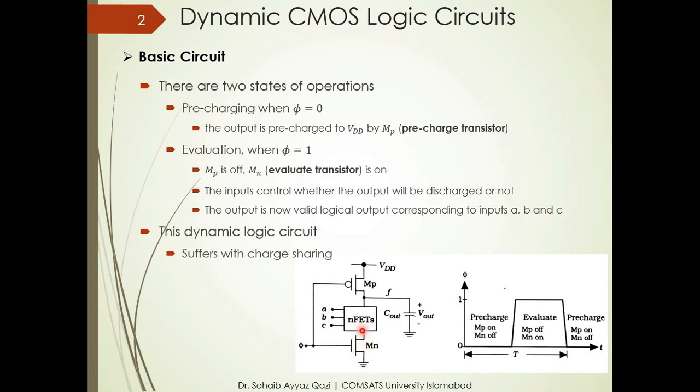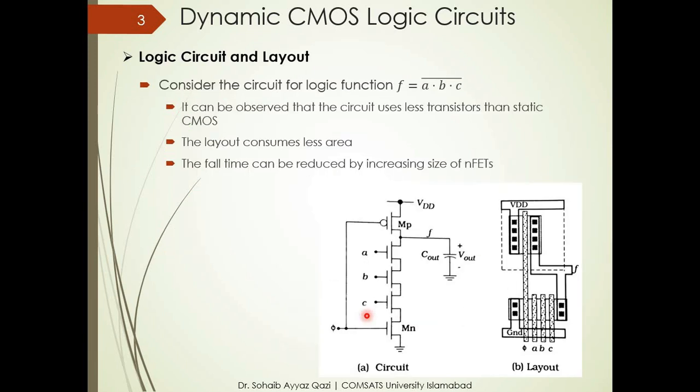So if there is no path available that directly connects this to ground, in that case the charge is shared between the nodes here. For example, if you see here in this circuit, we have designed a logic which is known as a NAND gate. This circuit here represents a NAND gate logic.